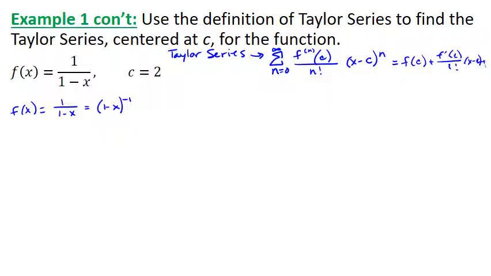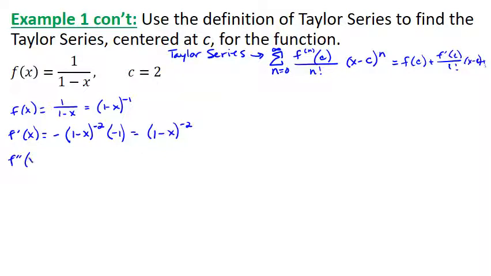So that might be helpful when we are finding the derivative so we can apply the chain rule. So then f prime is negative 1 minus x to the negative power of 2 times the derivative of the inside, which is negative 1. So a negative times a negative gives us a positive 1 minus x to the negative power of 2.